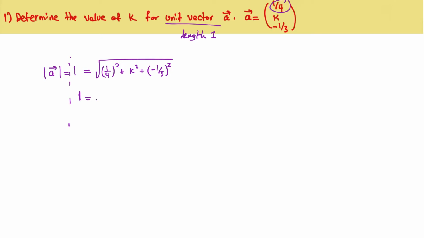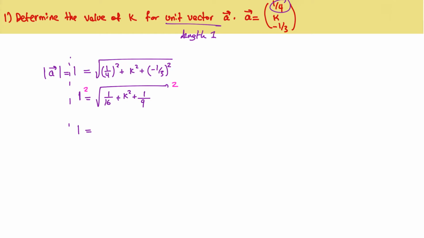1 is equal to the root of 1 over 4 squared. I'm going to square the numerator: 1 squared is 1, and 4 squared is 16. So 1 over 16 plus k squared plus negative 1 squared is 1, and 3 squared is 9. I will then square both sides, and we end up with 1 on the left-hand side.